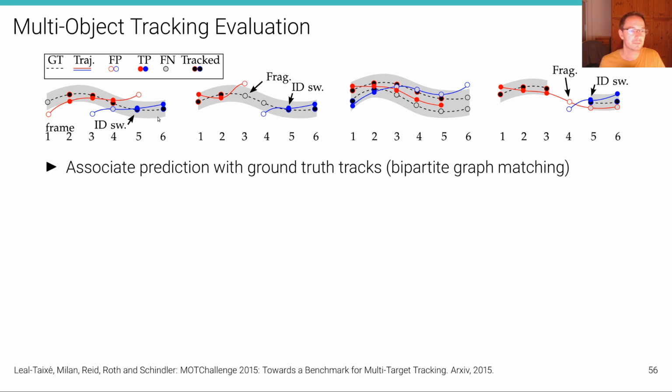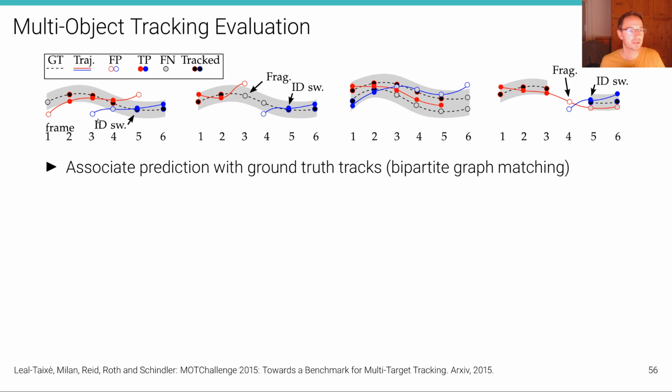And if we look, for example, at the first situation, we have the ground truth here in dashed lines. And then we have 2 predictions, red and blue. And we have associated them using bipartite graph matching. So the red one has been associated such that, well, these 3 nodes are associated to these ground truth nodes here, and the blue one such that these 2 blue nodes are associated here.